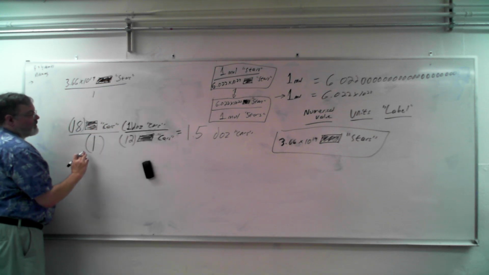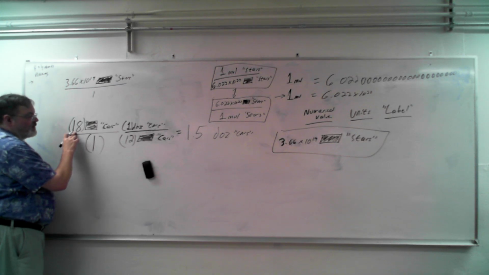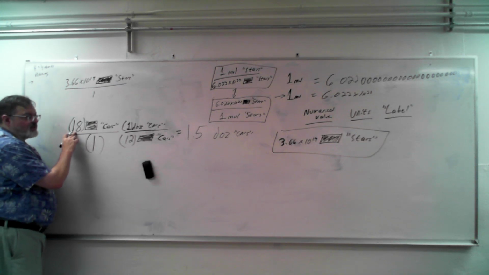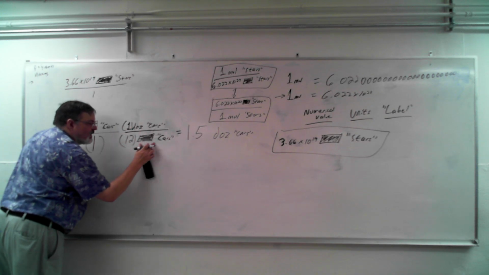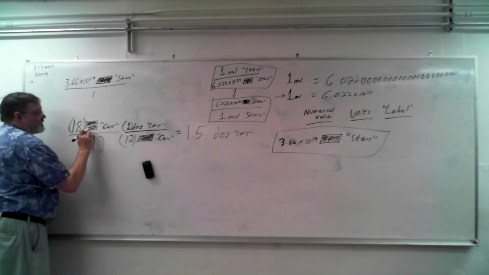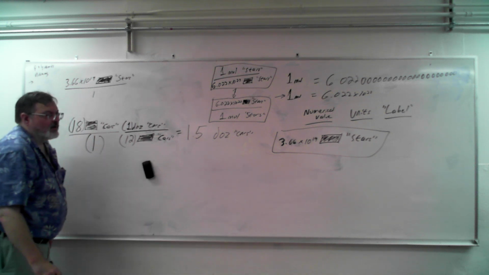If I wanted to know how many dozen, you went out and you counted 18, and then you came in here and I said, oh, wait a minute, what is that in dozen? You use your relationship of 1 dozen cars to 12 blank cars. The blank cars cancels with blank cars, and you could find out that it was 1.5 dozen.